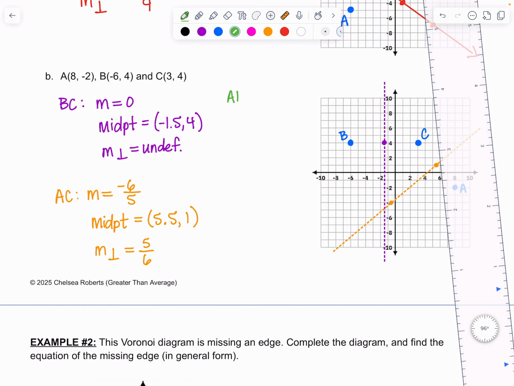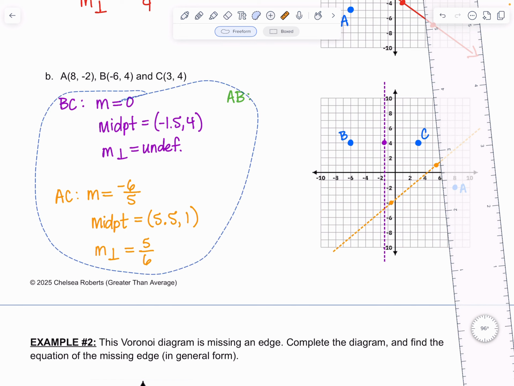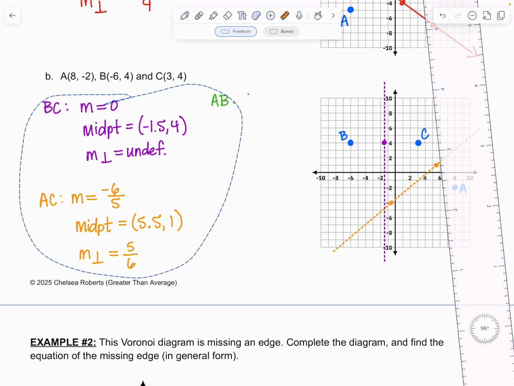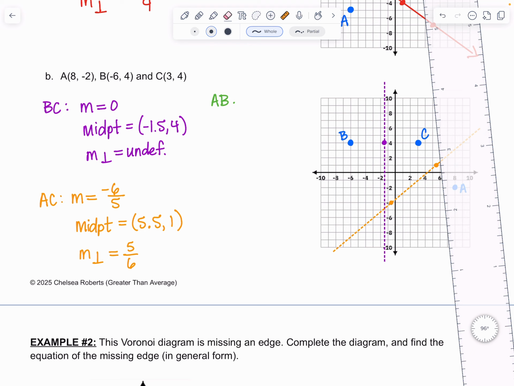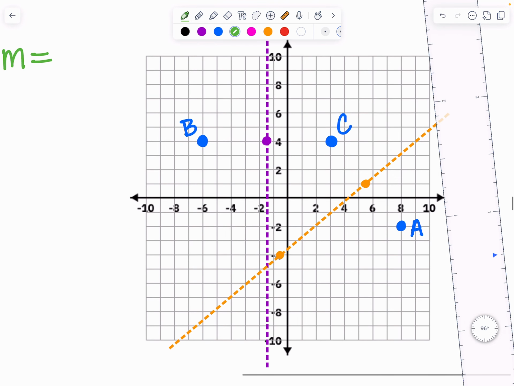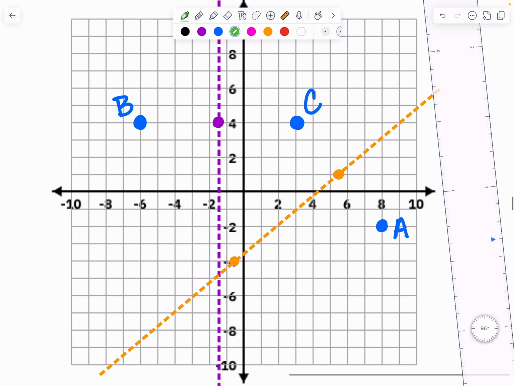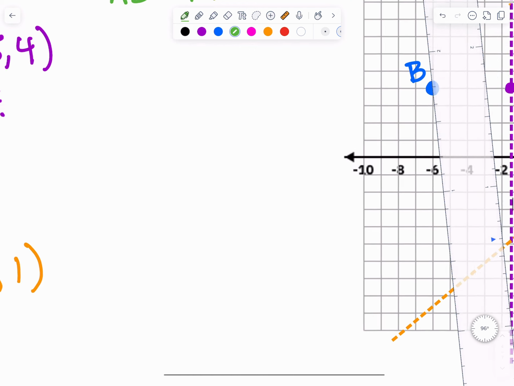So if we look at AB, we need to find our slope. So if we look from B to A, I'm looking at the Y values. We went from 4 to 2. So we dropped 6. And then if we go from -6 to 8, that was 14.